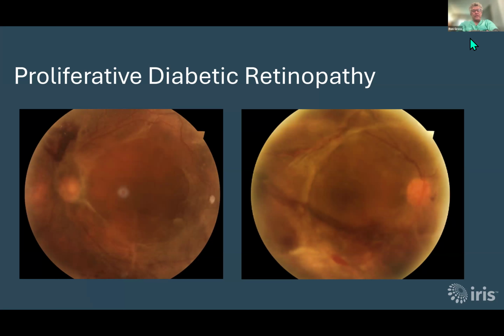And again, there's very good data that the better you control the sugar, the less likely that they will go through this progression, even starting with retinopathy or have progressive retinopathy. So the care of their overall diabetes is really important, and realize that the retina is just reflecting the rest of their body.